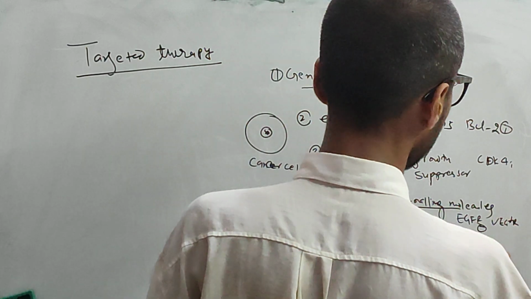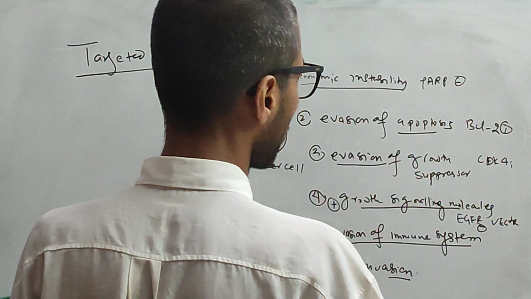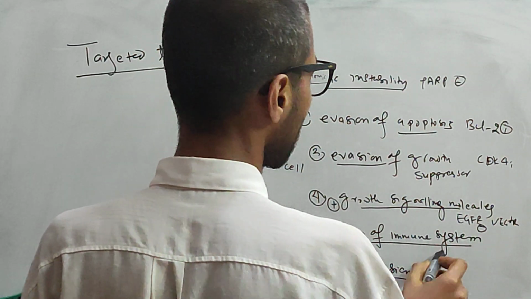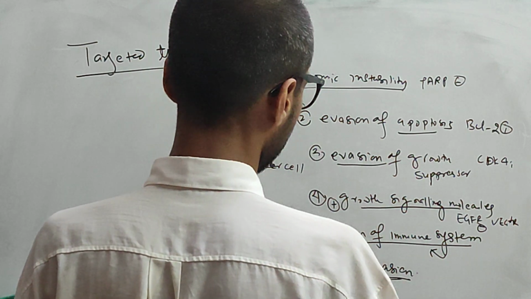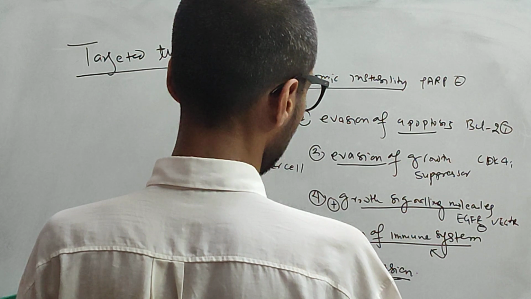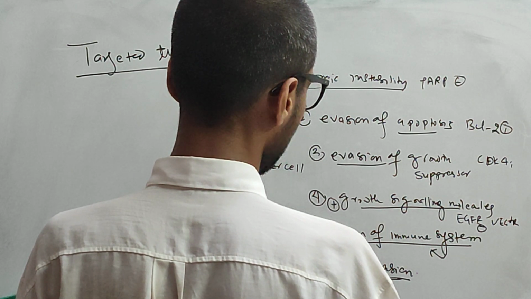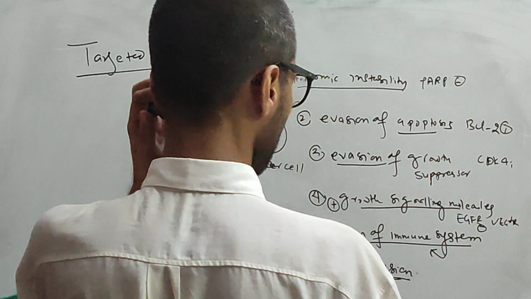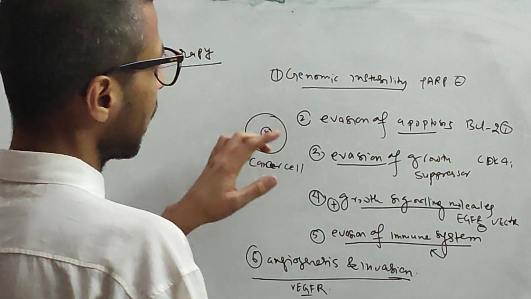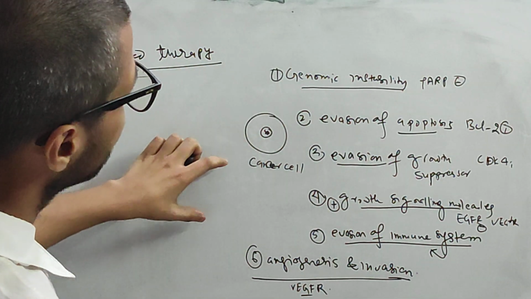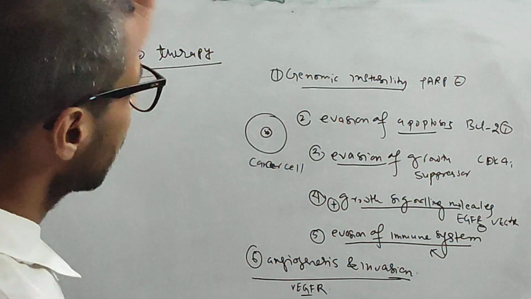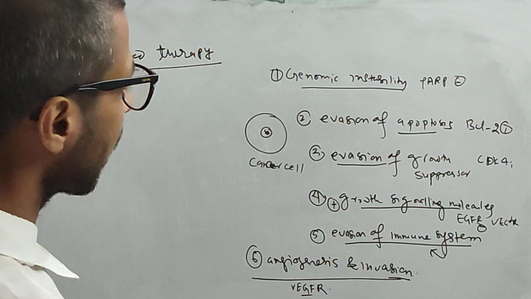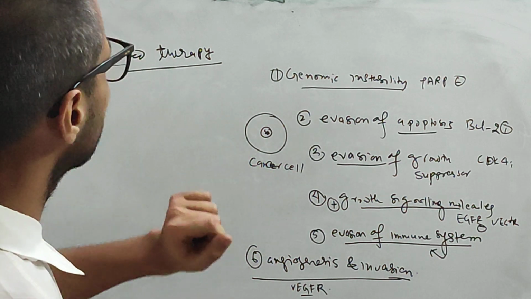Similarly, for evasion of the immune system, I told you about immunotherapy. So here you can use immunotherapy. Angiogenesis and invasion: angiogenesis involves the vascular endothelial growth factor receptor, so you can inhibit this. So you can target a variety of different steps in cancer cell growth, invasion and metastasis.